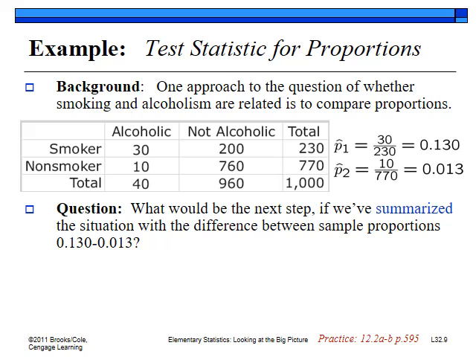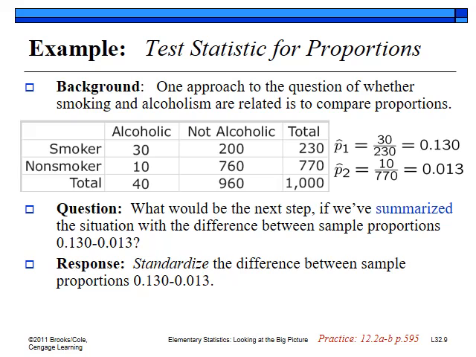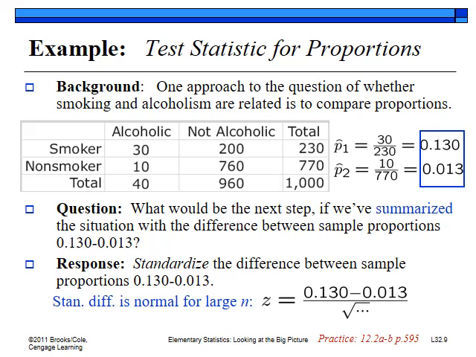Can we focus on this difference between the sample proportions, 0.13 minus 0.013? Well, sure, we can actually standardize this. We're looking at just a relationship between two proportions. We've got a pretty big sample size. So the difference in proportions is normal. We've seen this before.